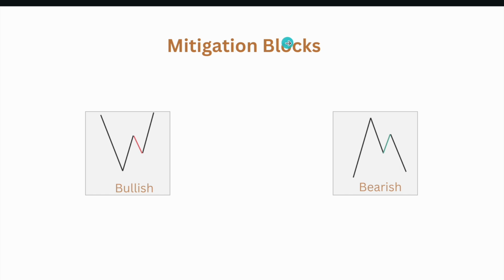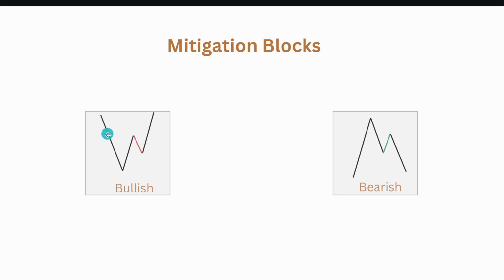So what is a mitigation block? Another word for mitigation block is swing failure pattern, which is a strong reversal pattern also. A bullish mitigation block happens at the end of a downtrend.